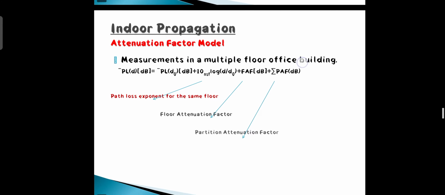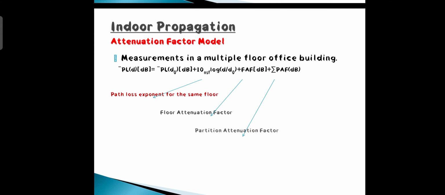And the attenuation factor model is a measurement in a multiple floor office building. This is the formula: PL(d) in dB is equal to PL(d0) in dB plus 10 n_SF log(d/d0) plus FAF in dB plus the summation of PAF in dB.